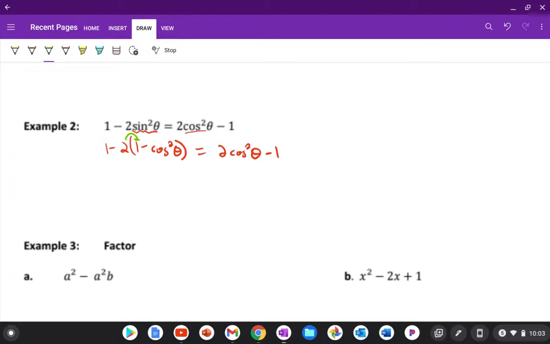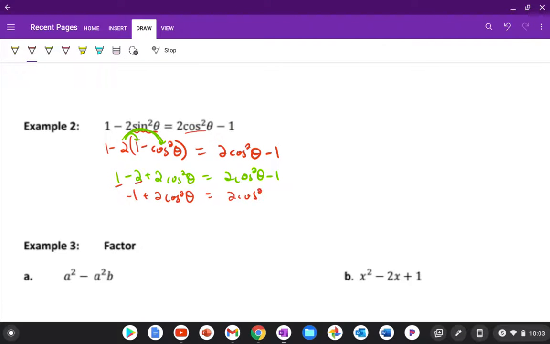So this 2 multiplies in. This becomes 1 minus 2. And then this 2 times this becomes a plus 2 cosine squared theta. So all I did was distribute that negative 2 in there. And then let's see what happens. This is still 2 cosine squared theta minus 1. I need to get the left side to look like that right side. So if I combine these two, 1 minus 2 is actually negative 1 plus 2 cosine squared theta.